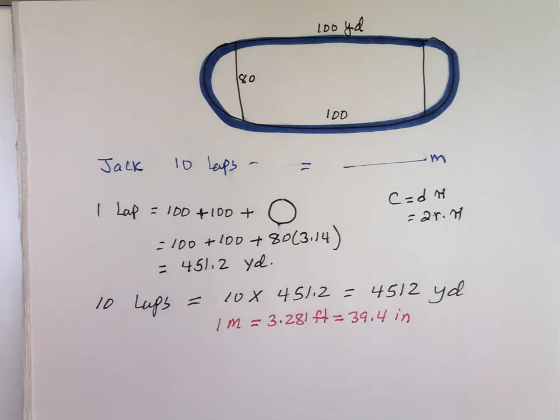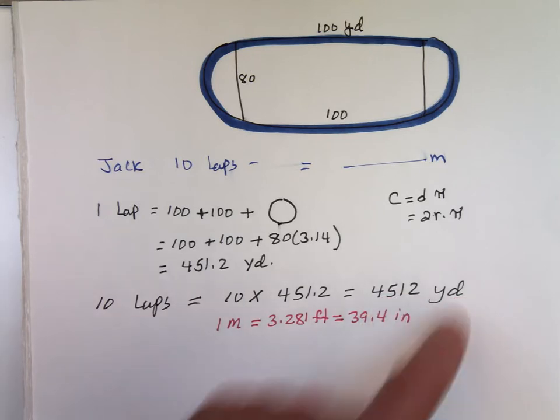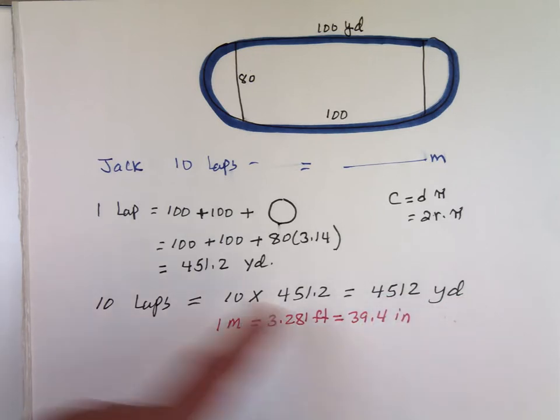So I have a choice there. I can change my distance from yards to feet, then from feet to meters. Because I don't have a way to go from meters to yards in one step. That's not an option for me.